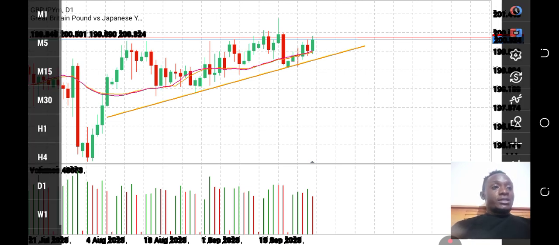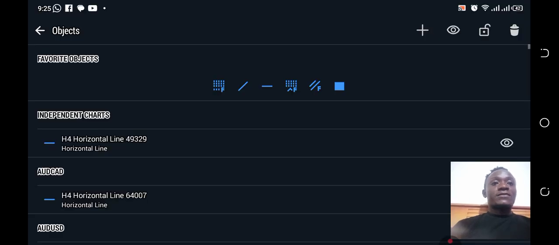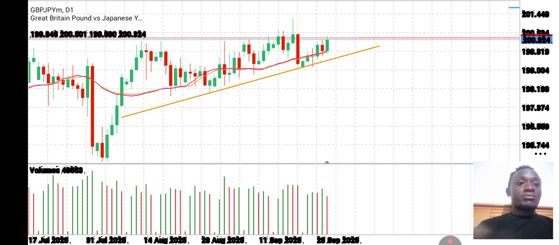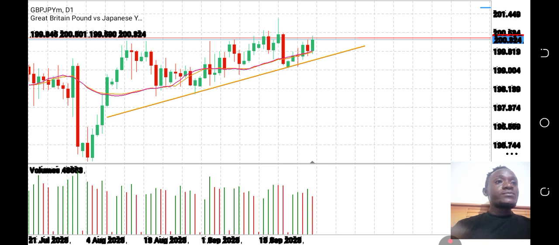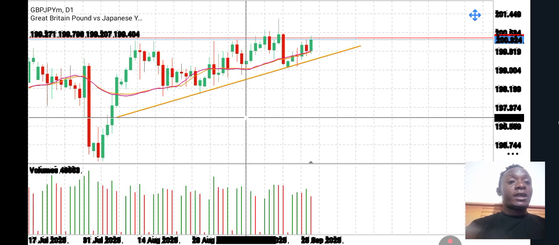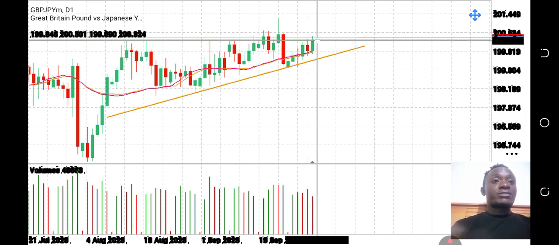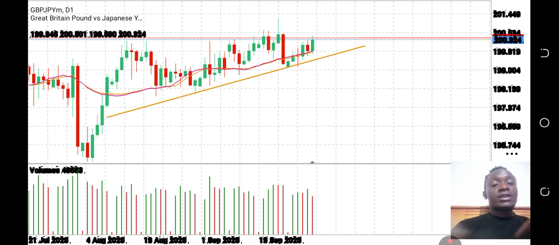If you consider this last candlestick, you definitely see that it closed above the Thursday candlestick that was bearish. It closed above this candlestick, so definitely we are on an uptrend, or bullish.